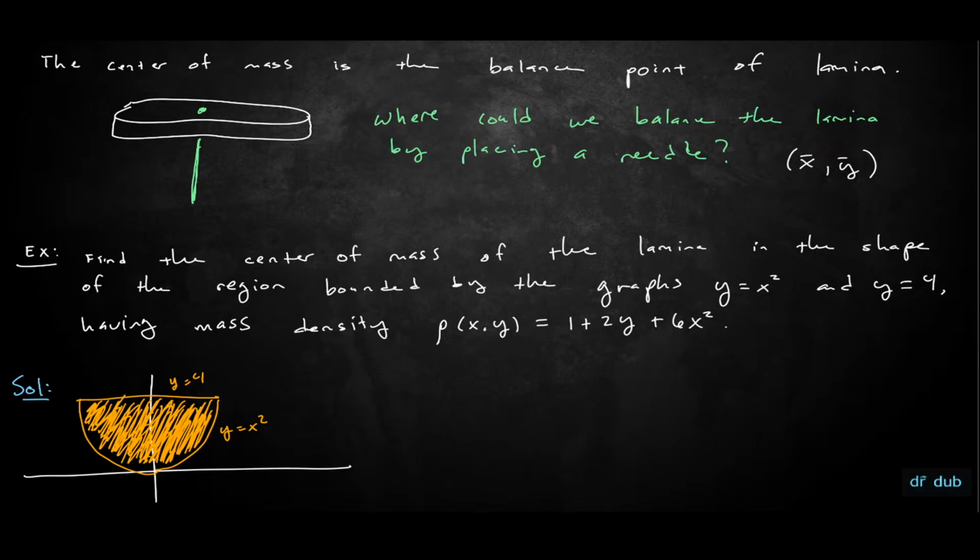Now, just because the lamina is symmetric doesn't necessarily mean the center of mass will be symmetric. That depends on the density function. But we notice the density function here is symmetric in the x direction. So note, rho of x y has symmetry in the x direction. What you do on one side, you'll get the same thing on the other side.